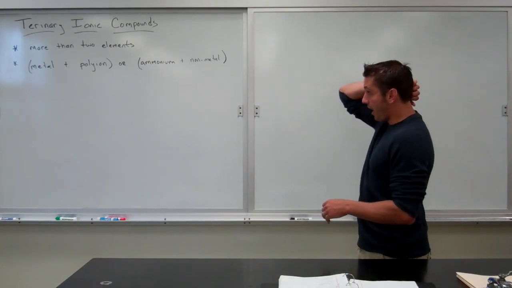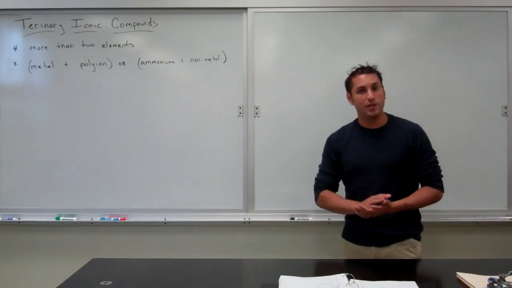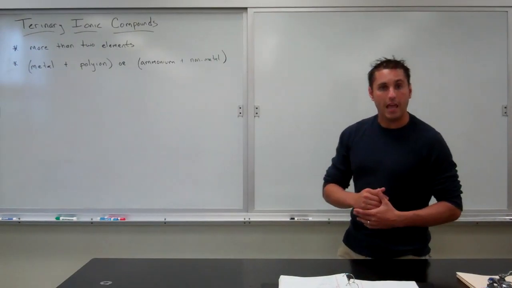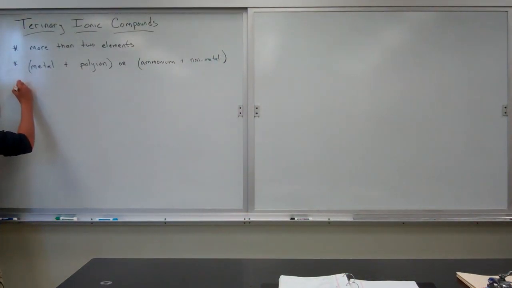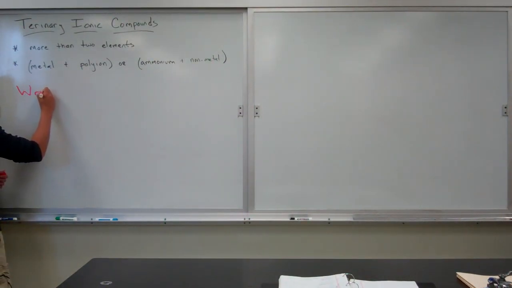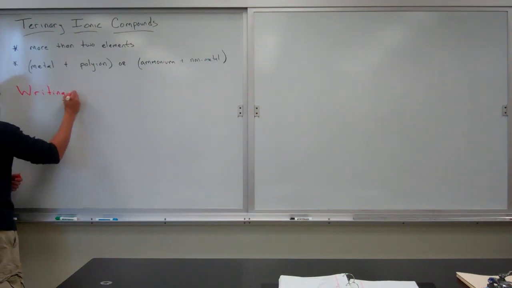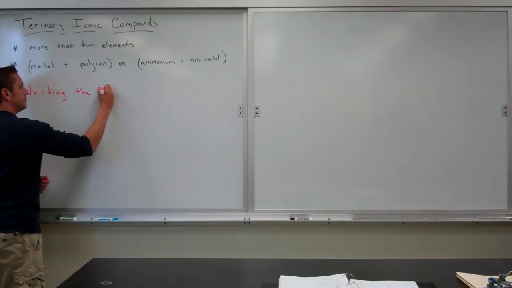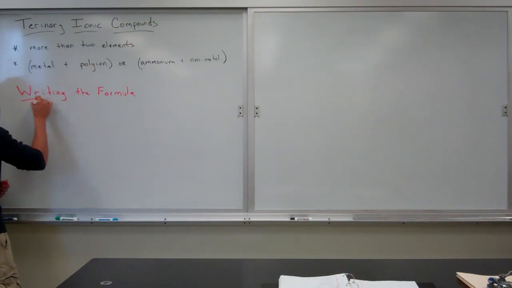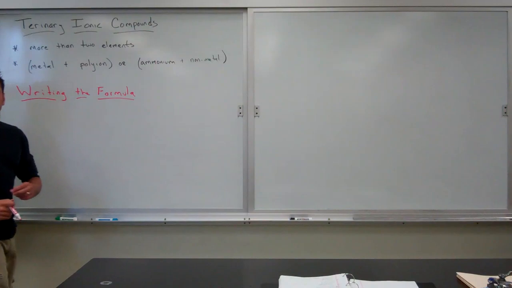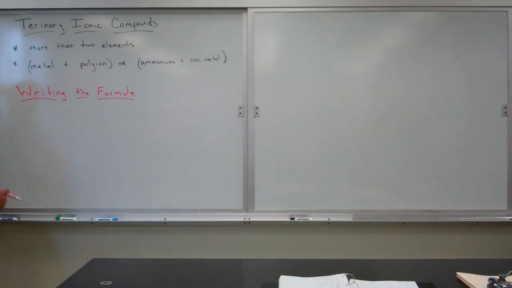So when we did binary ionic, we learned how to write the formulas first and then write the names. So we'll try to follow that pattern. We're going to list a series of steps that teach us how to write the formula. We'll do some examples, and then we'll go back and learn how to name them.